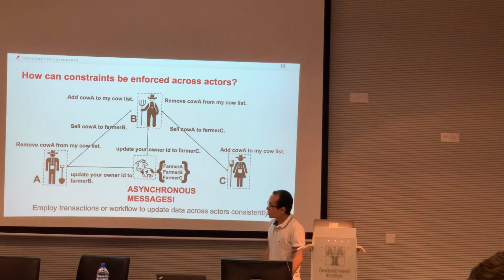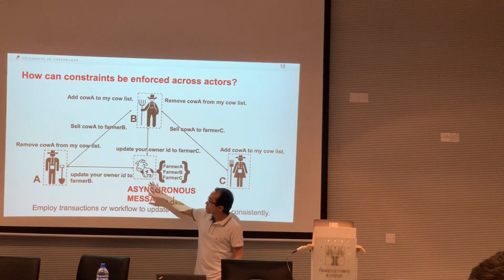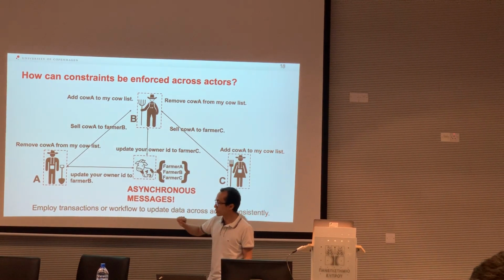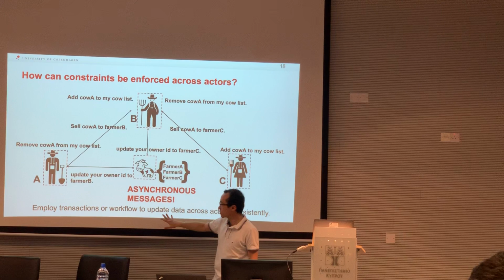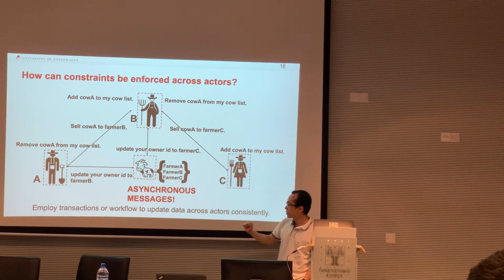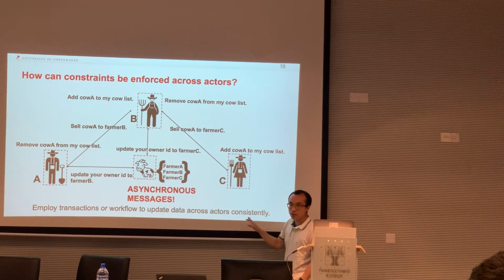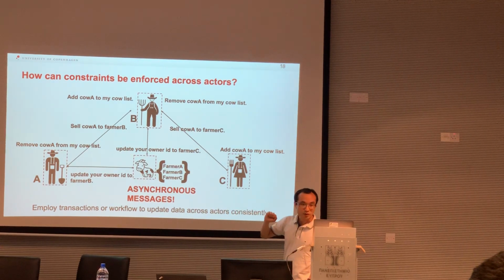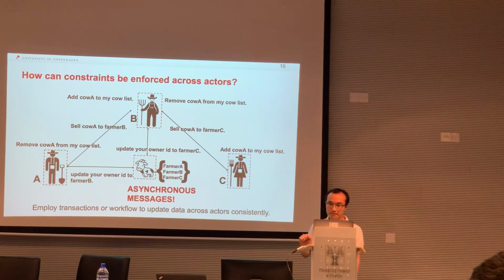So by looking into this particular case, we find it's important to employ transactions or workflows to update data across actors, to ensure the actors are consistent in order to enforce constraints.